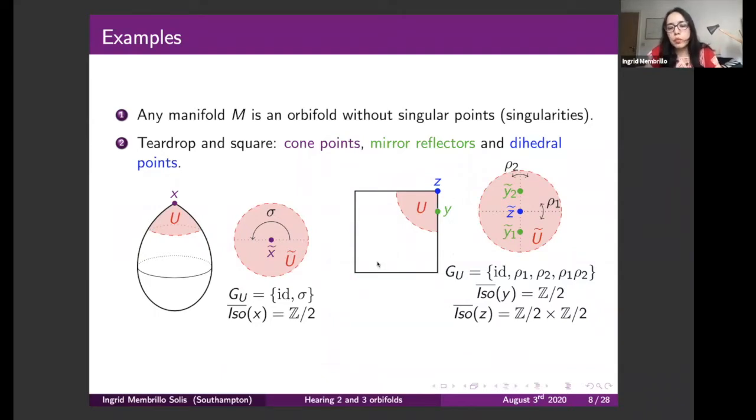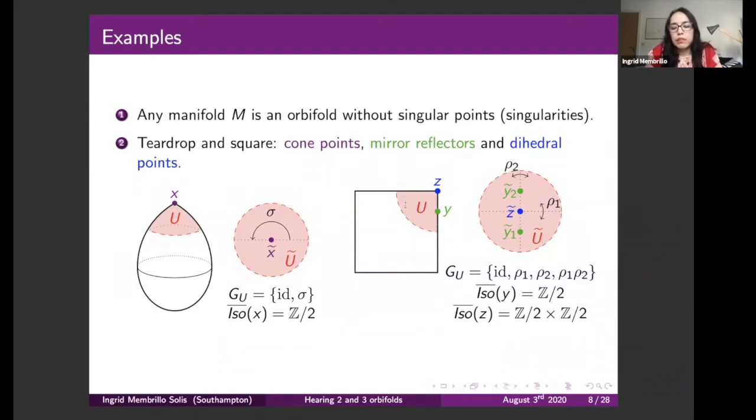Now for the square, let's look at other kinds of singularities. Sorry, I forgot to say that the teardrop point is of course a cone point and is an isolated singularity.